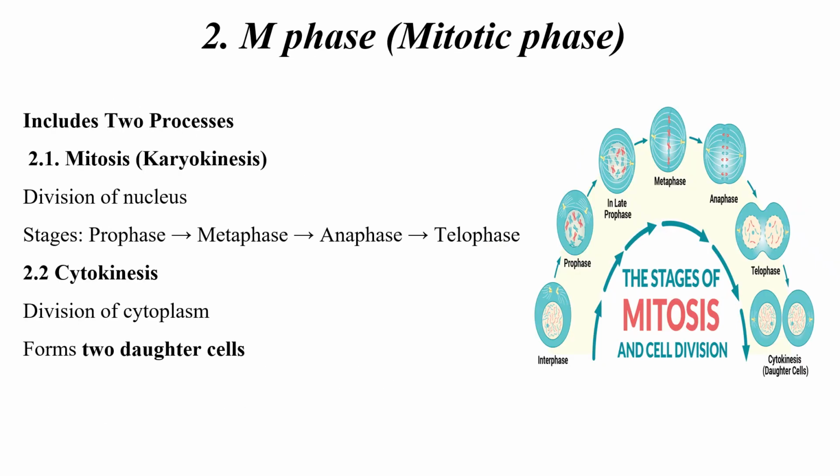M phase is the mitotic phase. It includes two processes: mitosis or karyokinesis, where the division of nuclear content takes place, and cytokinesis, division of the cytoplasm. Karyokinesis, the division of the nucleus, is further divided into four stages: prophase, metaphase, anaphase, and telophase.